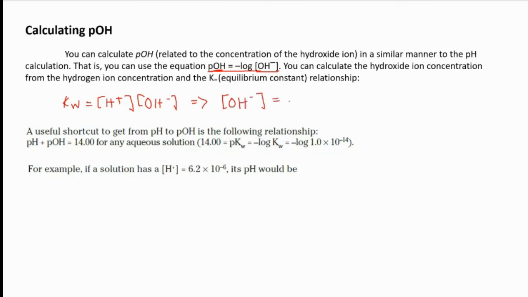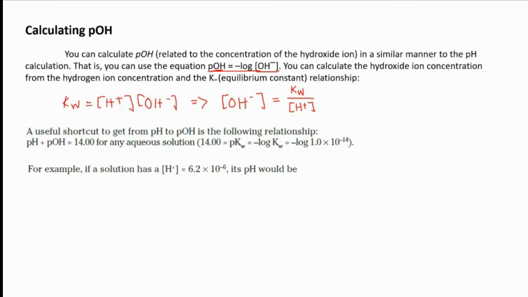OH minus equals Kw divided by H plus. Tama? So, kapag meron kang H plus, tapos pinapakompute yung pOH, nakukuha mo siya using the Kw.